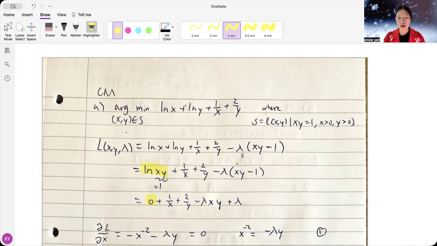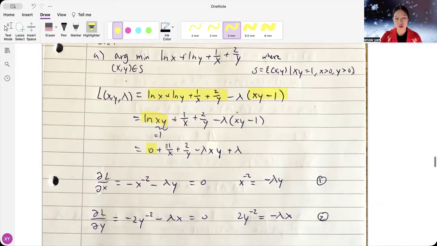And then for the Lagrangian, I have my original function over here, minus lambda times my condition. My condition was xy equals 1, so I rearrange it so that it's xy minus 1 equals 0. So then the constraint term here would just be xy minus 1. And then I solve it, and I have this equation over here.